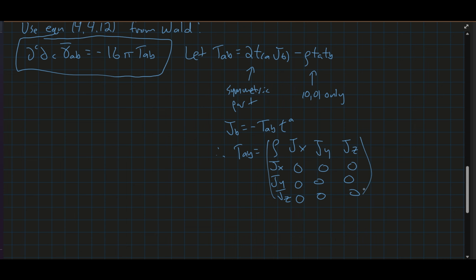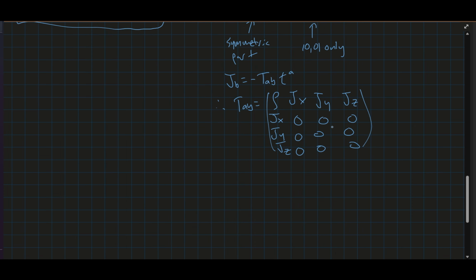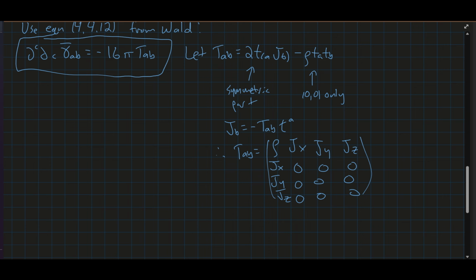So we don't actually need to write this down, but this helps to think about the problem, because now we can start working out this equation that we have in the box and thinking about the different cases for it. So time happens to be the same as before when they did it in the book, without taking into account the lowest order contributions of the motion of the source.